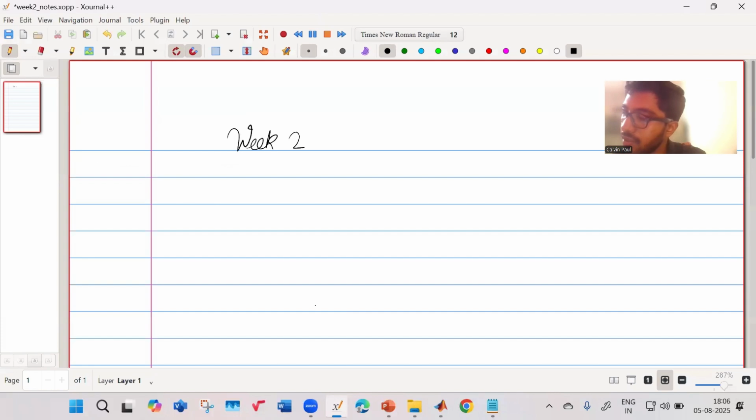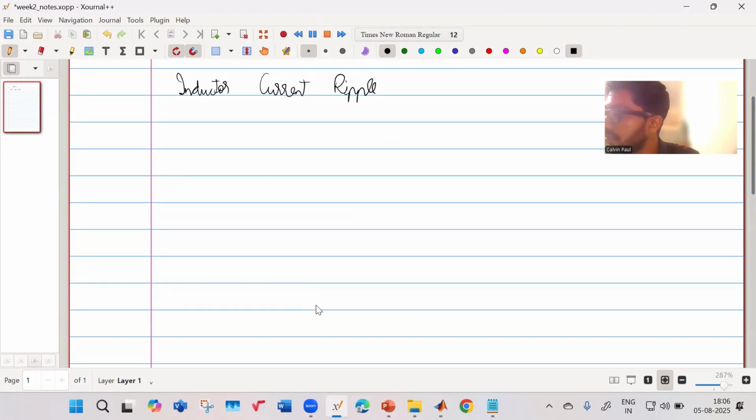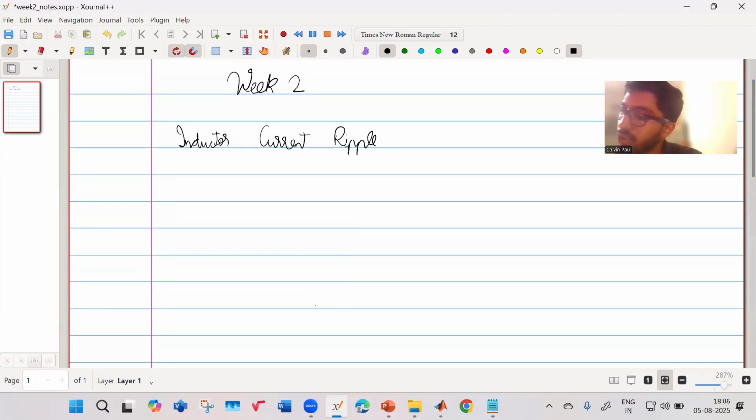One is the inductor current ripple. That is usually in this form, like this, like this. Okay, this is your inductor current ripple.